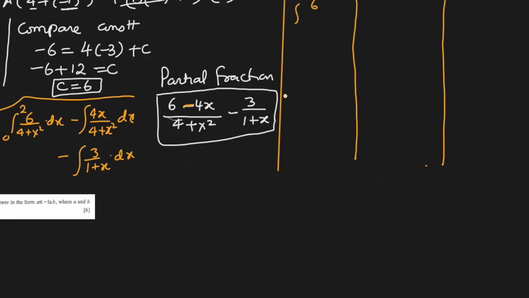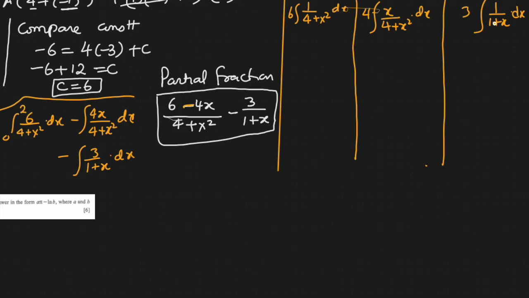First, 6 outside, 1 over 4 plus x square dx. Second, I'll write 4 outside, x over 4 plus x square dx, and then 3. I'll take care of negative later. 1 over 1 plus x dx.